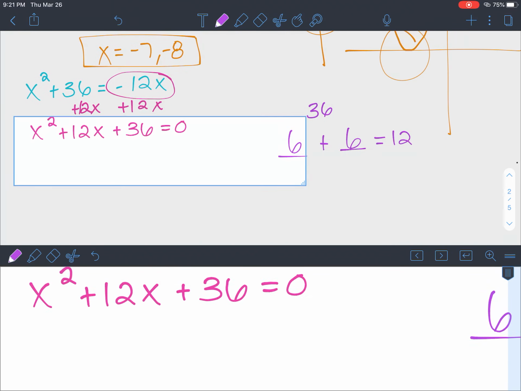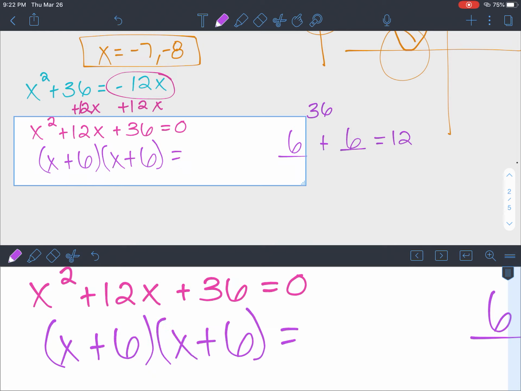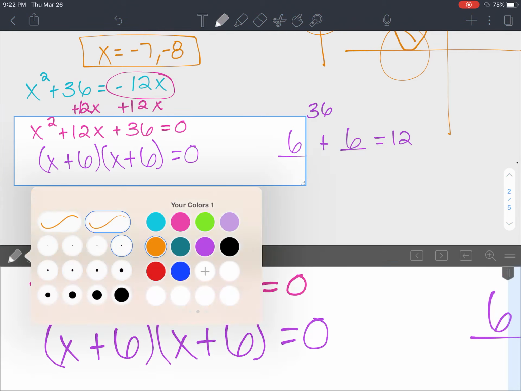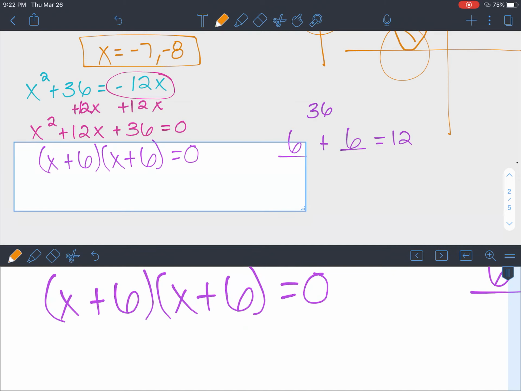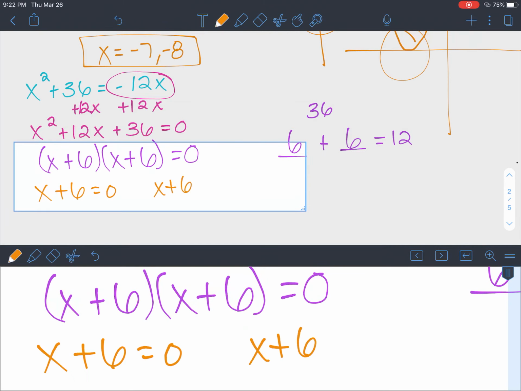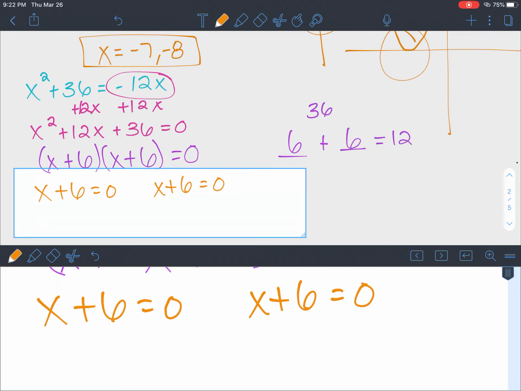So when we do that, we'll have x plus 6 and x plus 6 equals 0. And then again, remember from this step, we're going to set both of these guys equal to 0 here to figure out what x is. So we're going to do x plus 6 equals 0 and x plus 6 equals 0. And then continue solving.